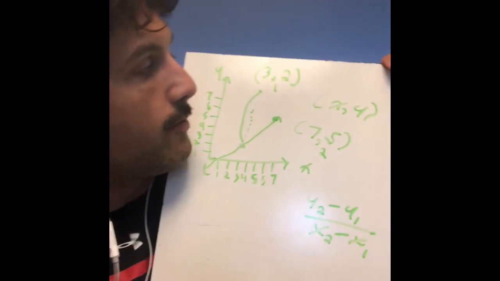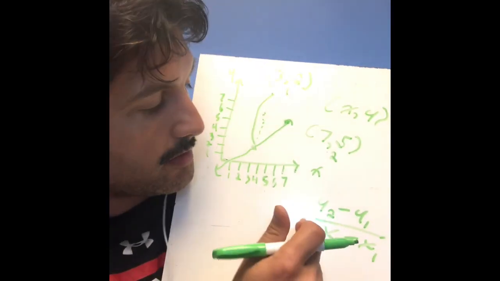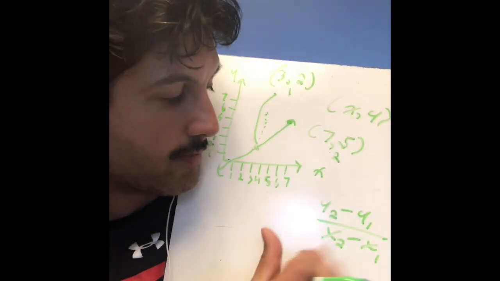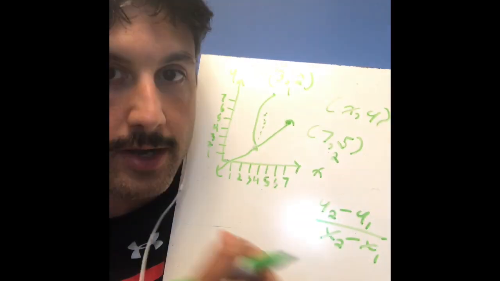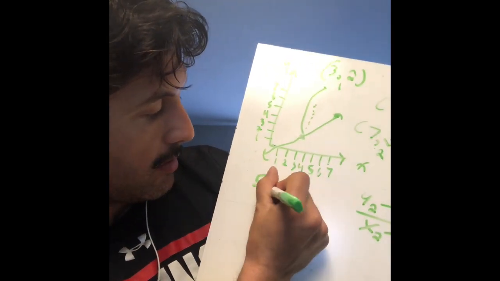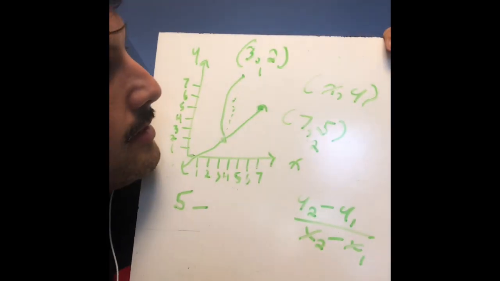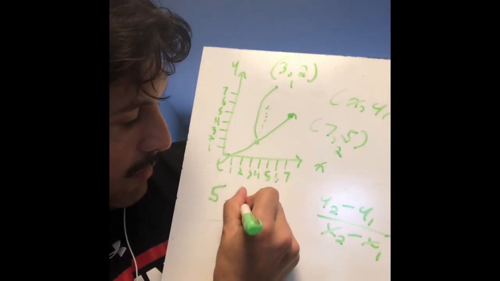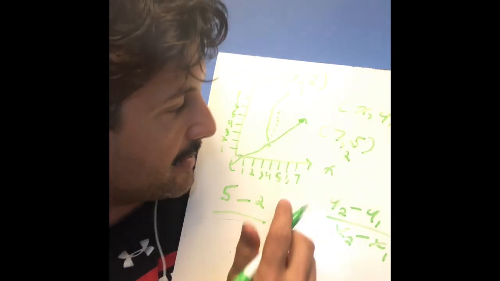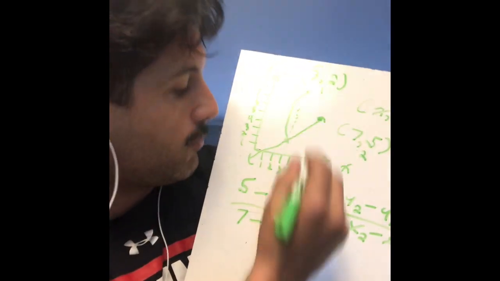Okay, so when we've selected points 1 and 2, we need to sub them into the equation y2 minus y1 over x2 minus x1. I'm just going to look at the y's to start, and I know y2 is a 5 minus y1 is a 2, over x2 is a 7 minus x1 was a 3.